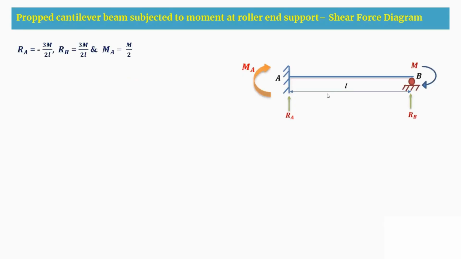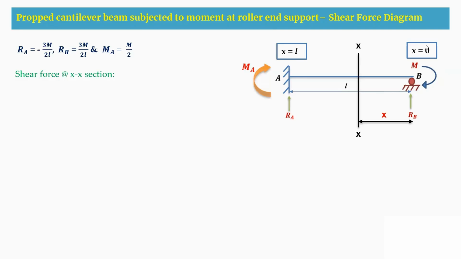To draw the shear force diagram, first we write all the reactions, whatever we got, and the moment also. Then I'm going to take a section for this AB span, at a distance of X from the B support. As I'm considering from B, X goes from 0 to L. These are the limits.